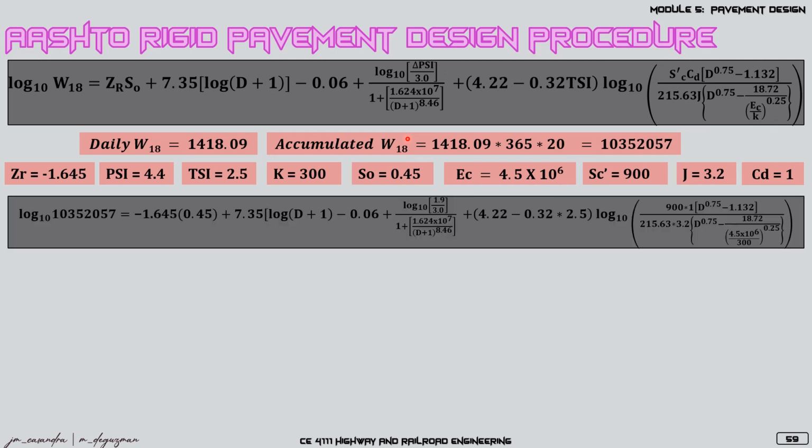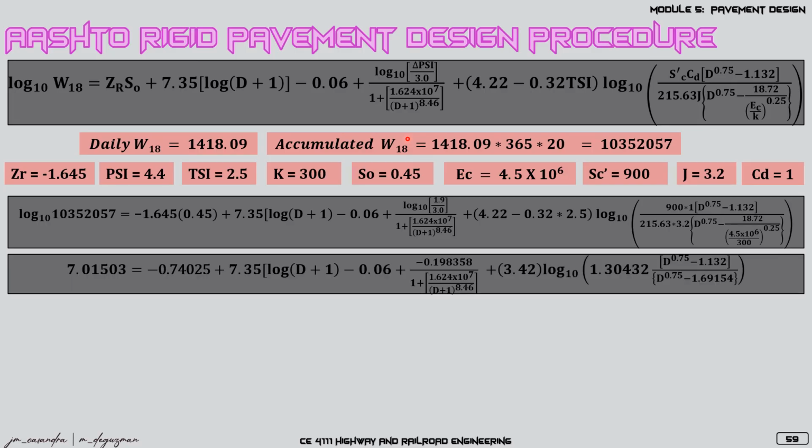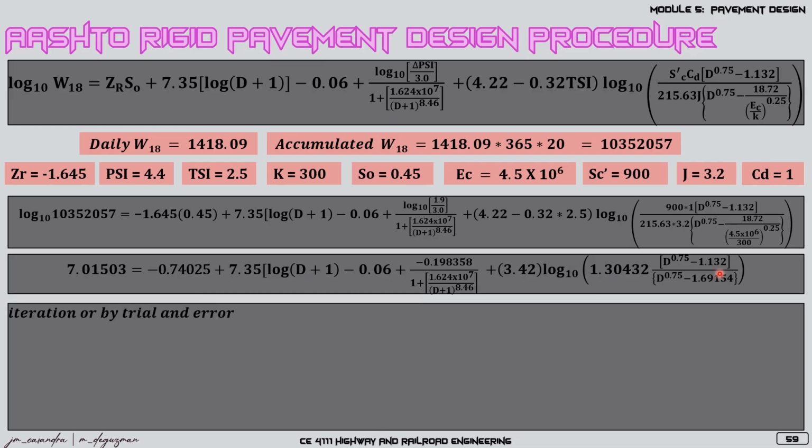So substitute these values in our equation. We get now log of 10,352,057 is 7.01503. So again, we cannot simplify the right side of the equation, so we will be using iteration or trial and error, by changing the values of D so as to arrive at the value of 7.01503.